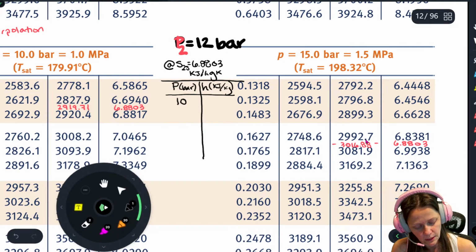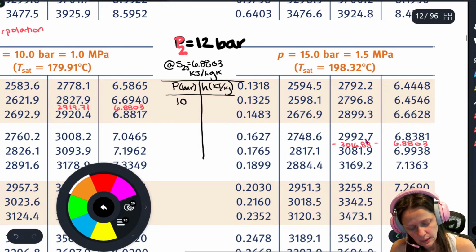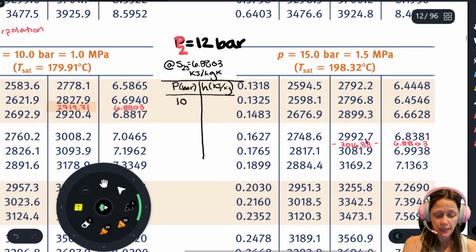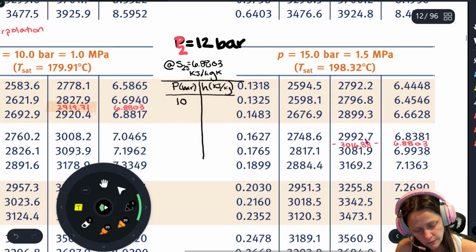So this is at 10 bar and an entropy of 6.8803. I'd have an enthalpy of 2919.71.